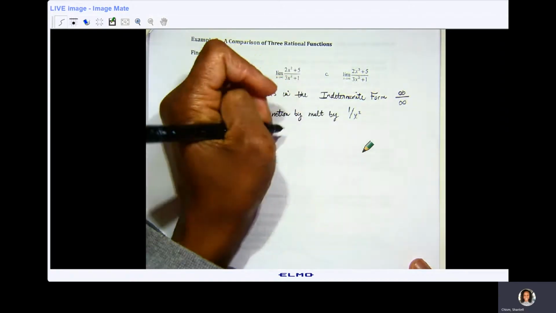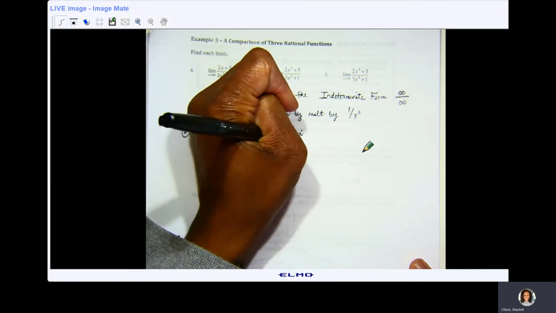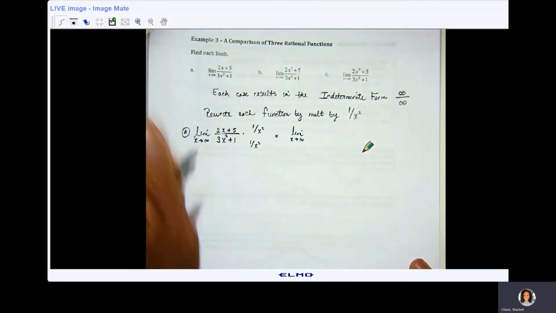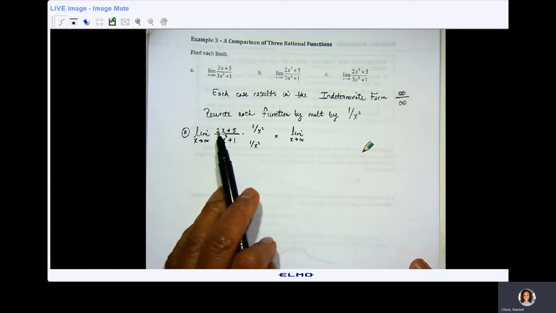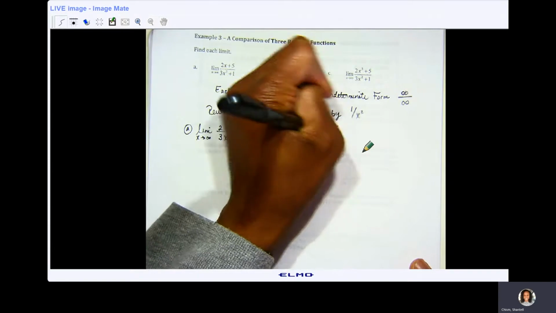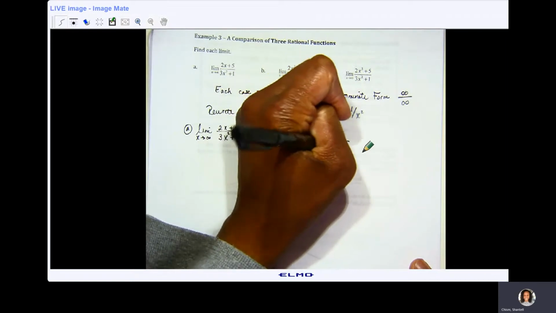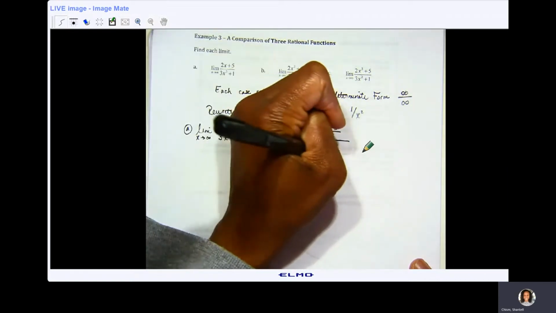I'll put my limit out here as x approaches infinity. The top is 2x plus 5 over x squared, and on the bottom, 3x squared plus 1 over x squared.